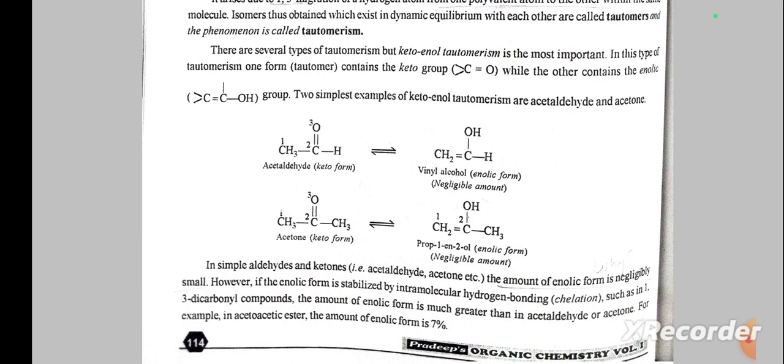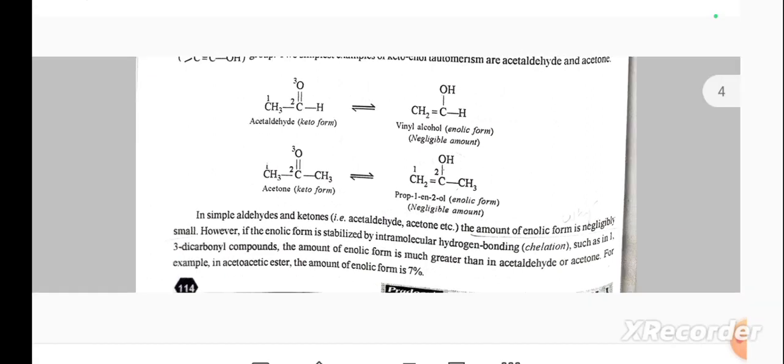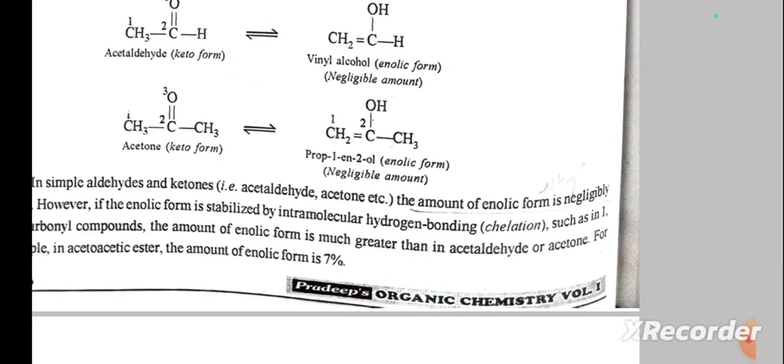There are several types of tautomerism, but keto-enol tautomerism is the most important. In this type, one form of the tautomer contains the keto group while the other contains the enolic group.